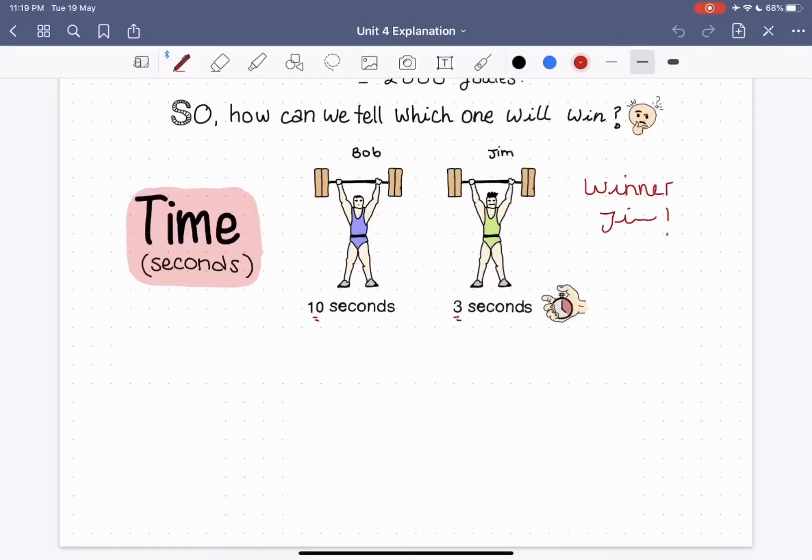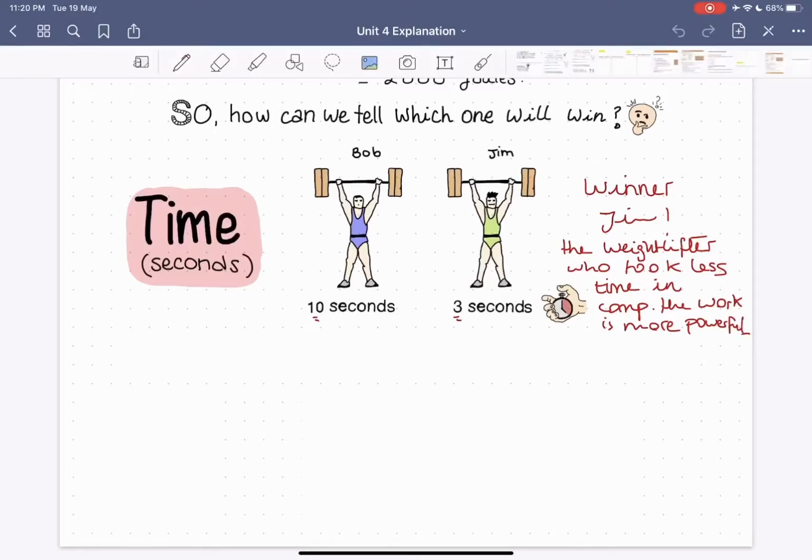Okay? So we can state that the weightlifter who took less time in completing the work is more powerful.